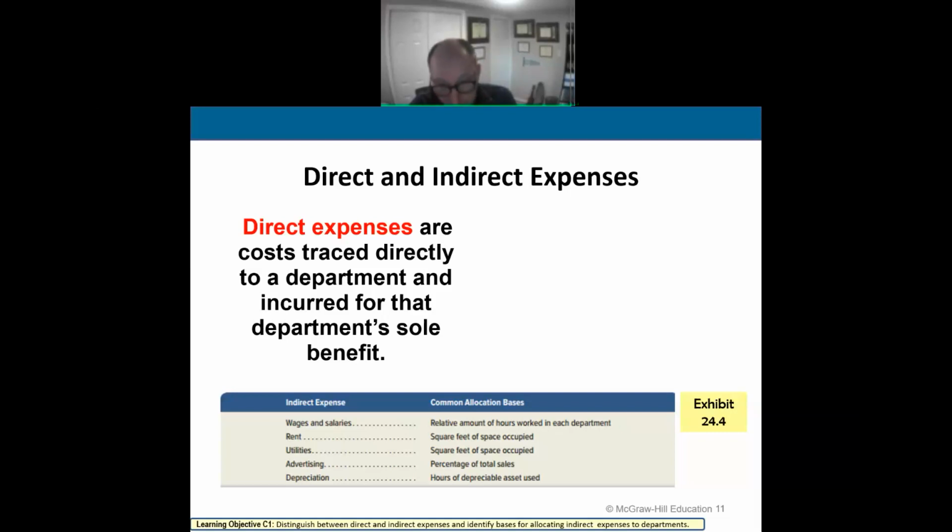So $2 per square foot times the 5,000 square feet of my jewelry department. That means per month, I can allocate a total of $10,000 per month of rent expense to the jewelry department. Make sense so far? Y'all with me?